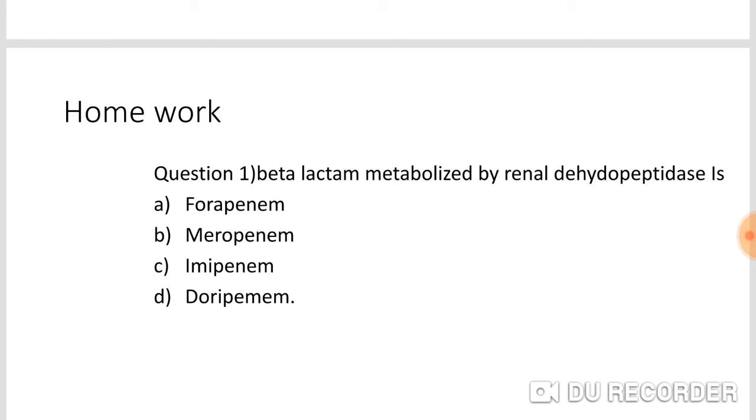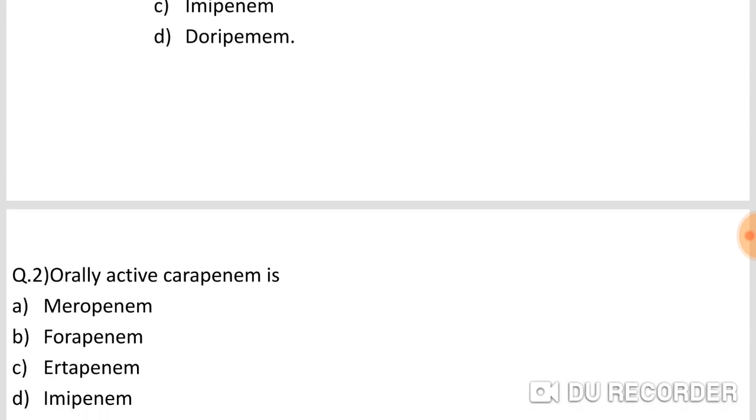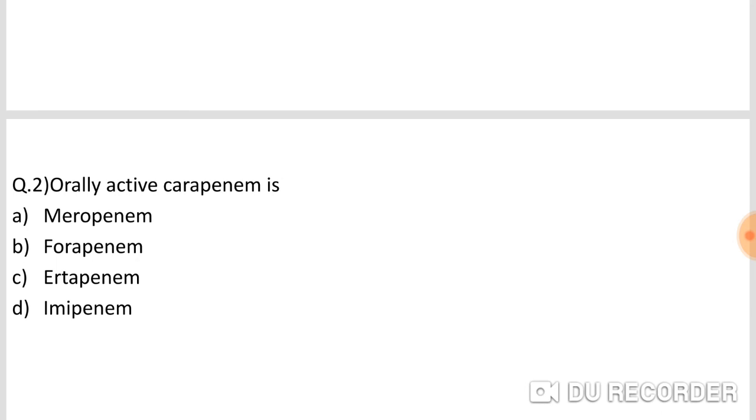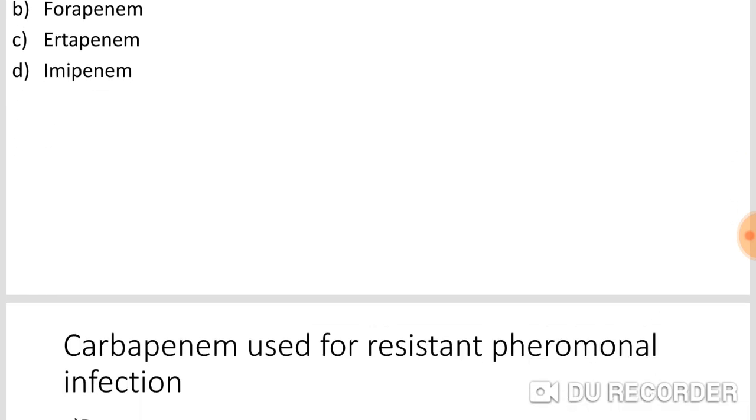If you listened carefully to my lecture, I told you that the answer is C. Only imipenem is hydrolyzed by renal dehydropeptidase enzyme. The next question is: which carbapenem is orally active? That is only foropenem. This was again included in my lecture if you listened carefully.